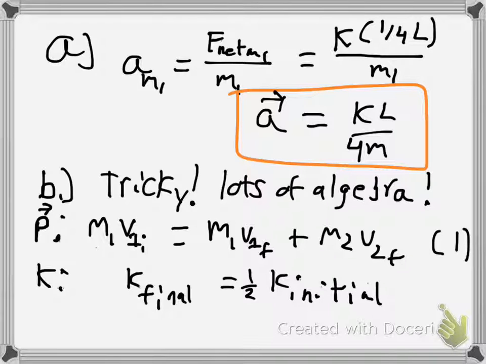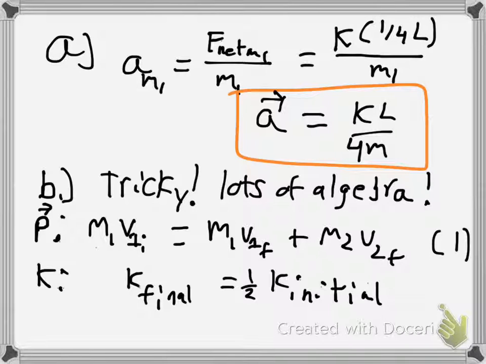The reason this is tricky is because, like I said, we do not know necessarily that the remaining kinetic energy is divided evenly between the two blocks. If that was the case, this would be much simpler.